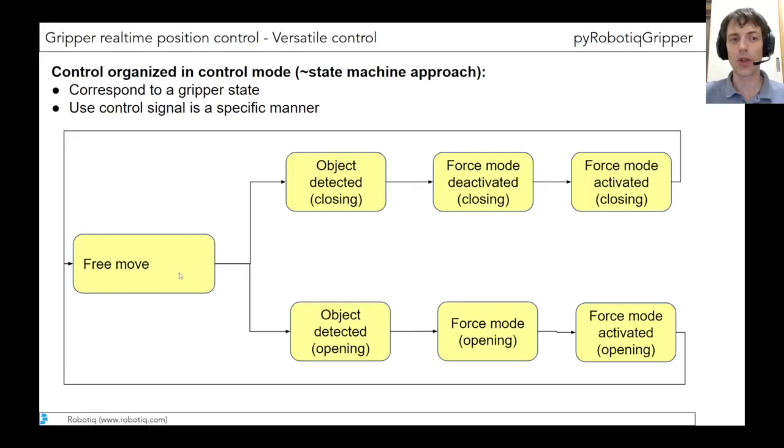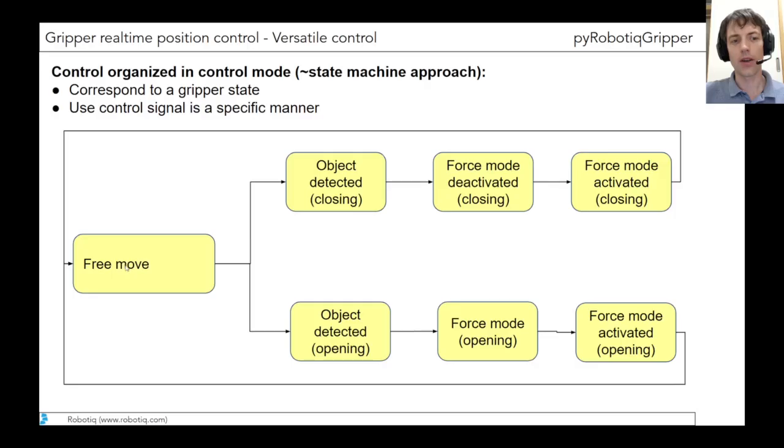In this mode, the gripper is completely free to move. There is no object inside the gripper. This is the base control mode. You use the joystick, and the gripper moves to the position that you request.